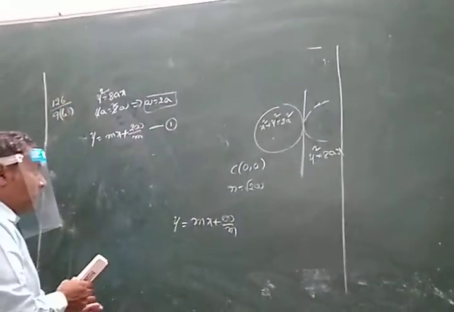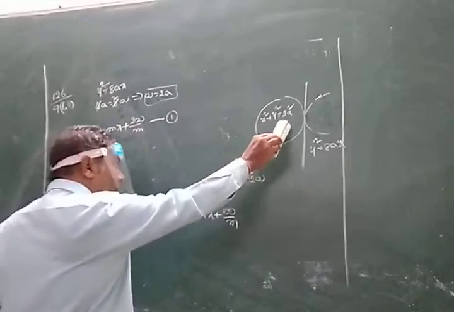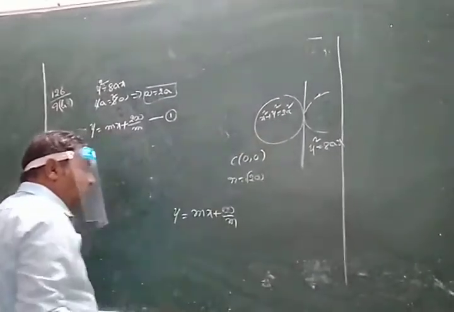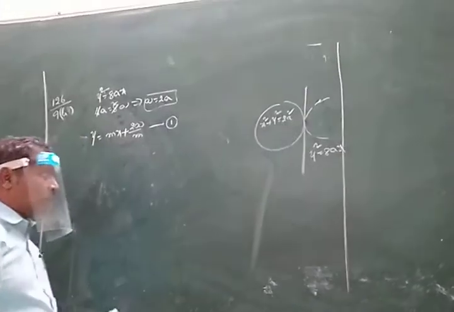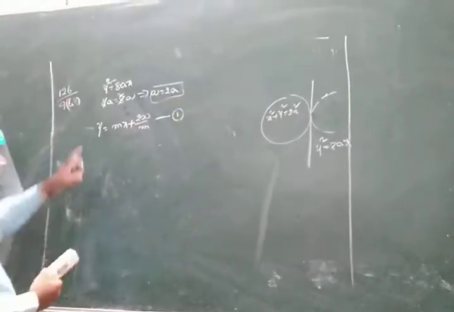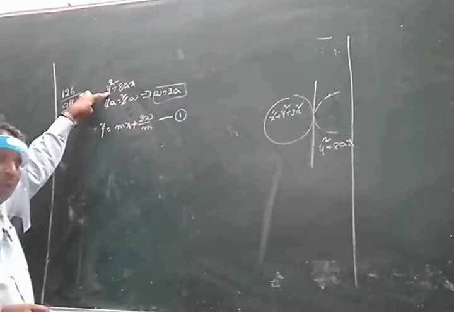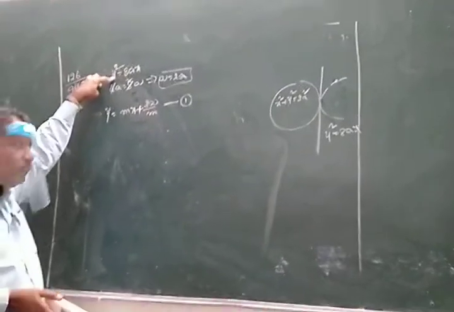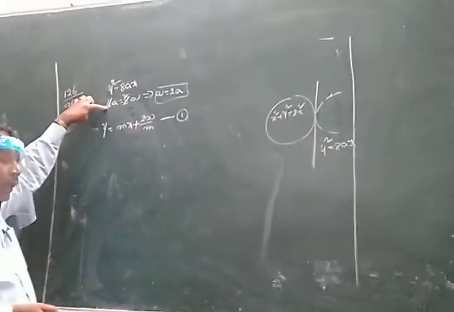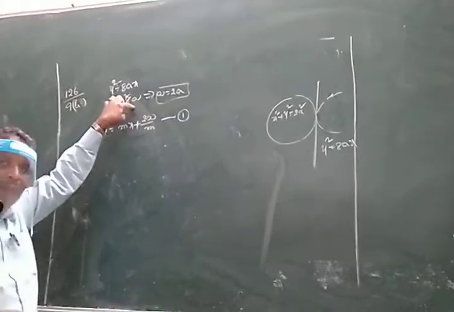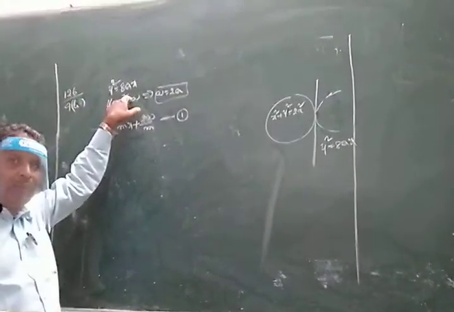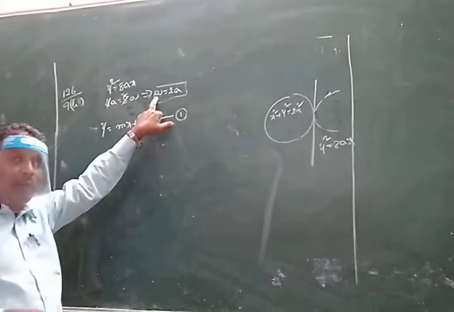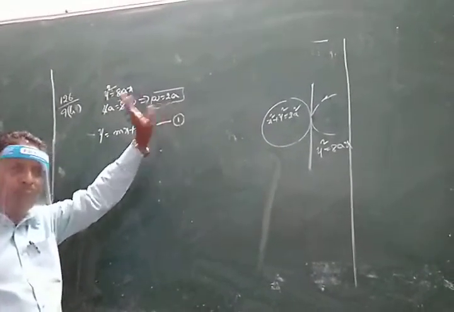Given parabola is y square equal to 8ax, 4a equal to 8a, 4 and 4 cancel. So a value 2a.